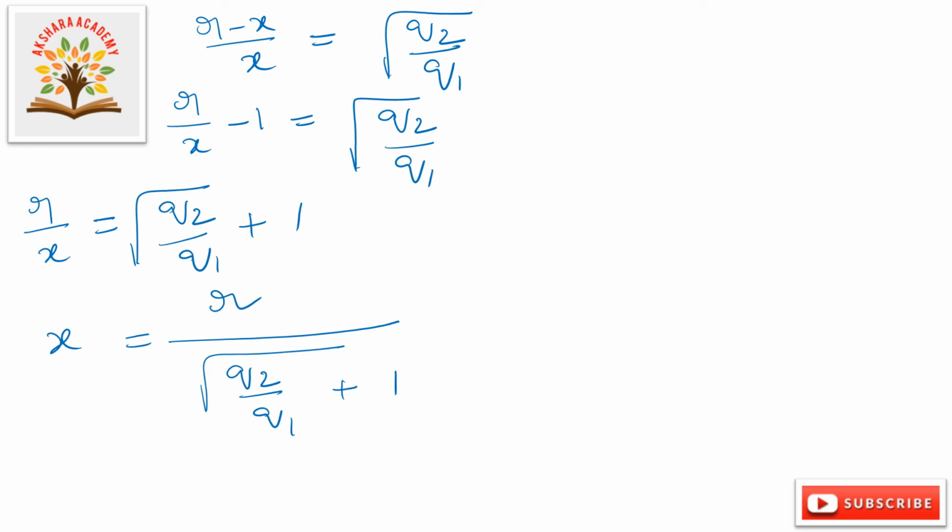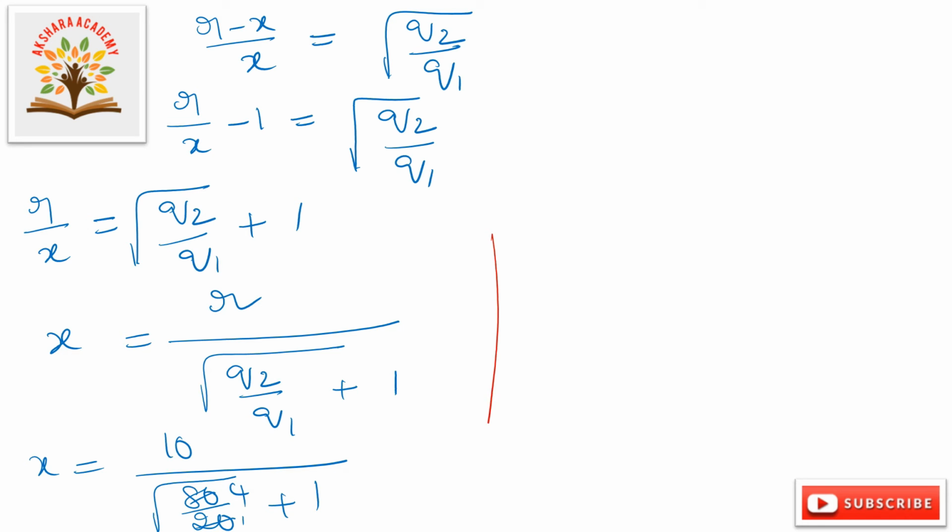Now substituting values, x is equal to 10 by root of q2, nothing but 80, by q1, 20, plus 1. 20 fours are 80. So at last x is equal to 10 by root 4 plus 1. Root 4 is nothing but 2.